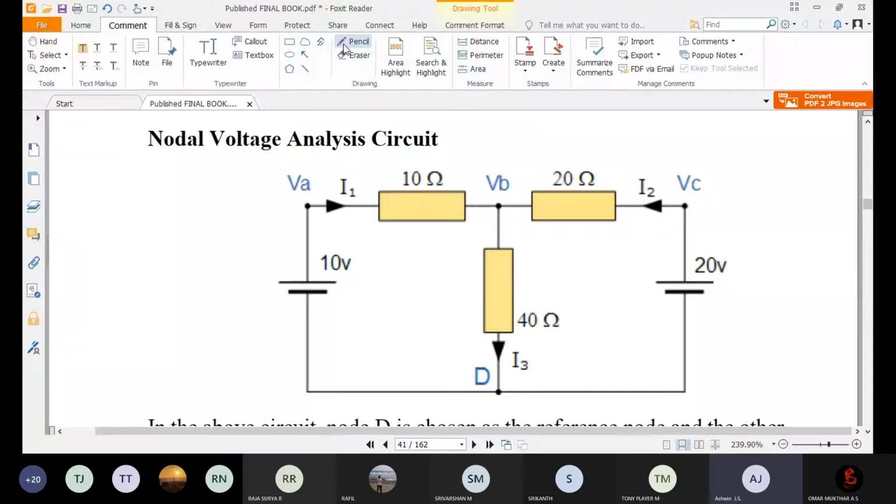Note how to write the equation: look at the current where it is flowing, the I1. I1 is flowing from VA to VB. The greater voltage will be available at VA only, right? Because the voltage source is 10 volt. Here surely some voltage drop will be there, so VB will be very small. So I'm going to write the equation.